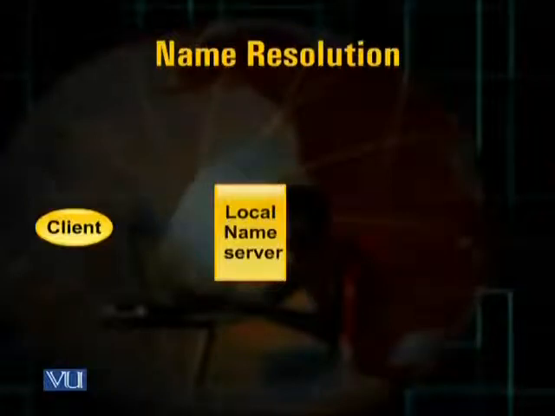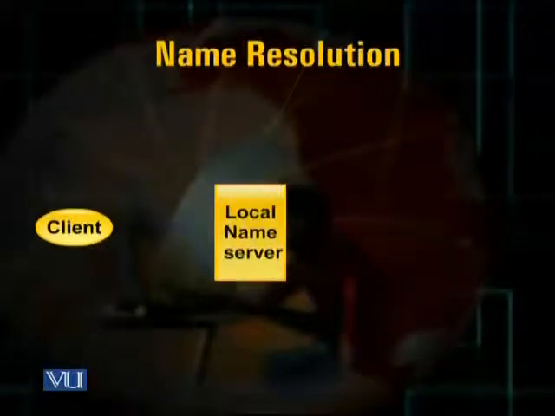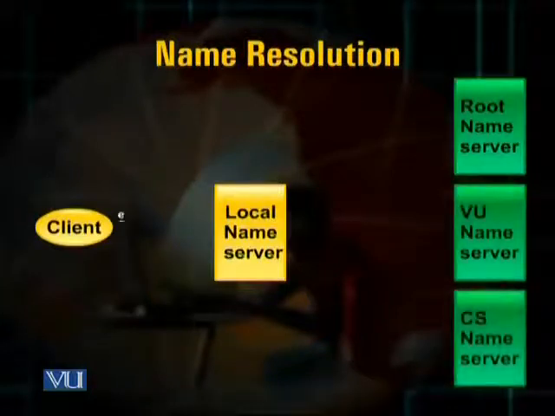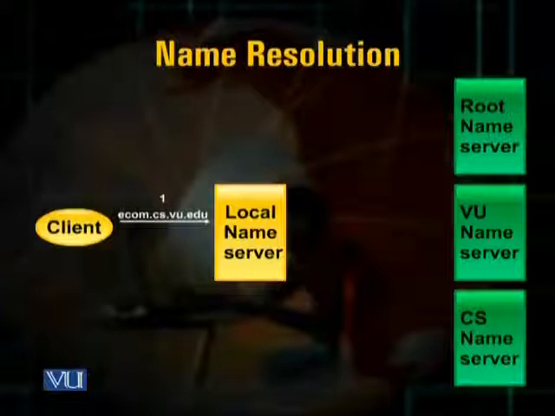We'll use the same example as I showed you earlier. Assuming that there is a client machine and it makes a request for a website, ecom.cs.vu.edu is the domain name or FQDN which the client machine enters. This request for this particular web page would first of all go to a local name server.